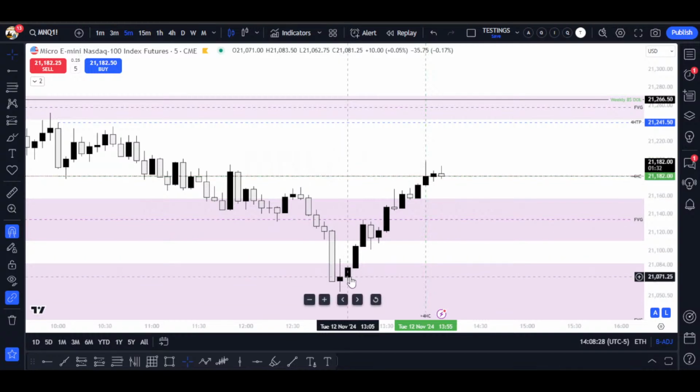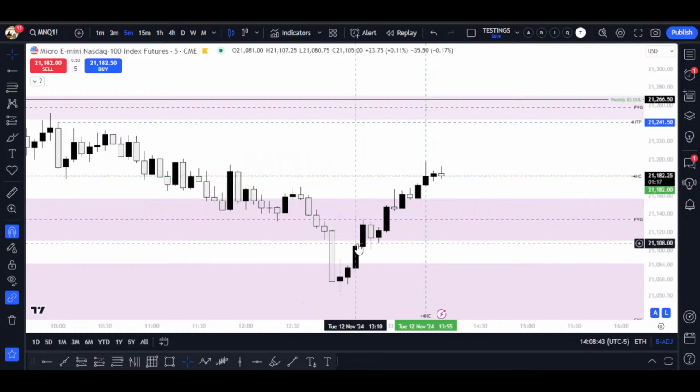We did not get it on this candle, but we got it on this candle, which is the 110 candle. The 110 candle closed above the 105 candle, so we were expecting the 110 candle's high to be an algo target, and we did get it on the 115 candle. The 115 closed above the 110, so we were expecting the 115 candle's high to be an algo target.